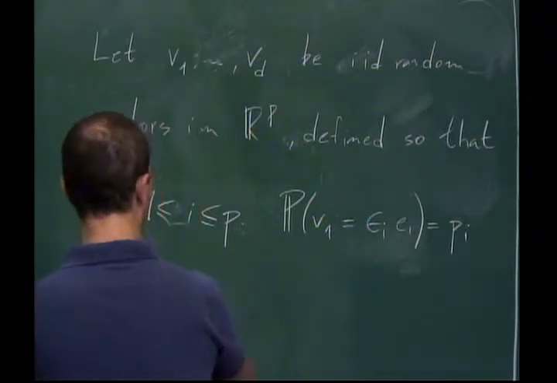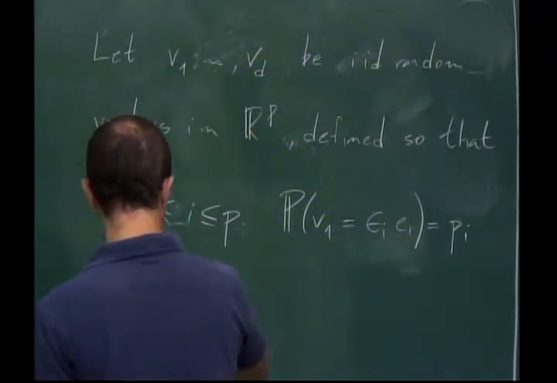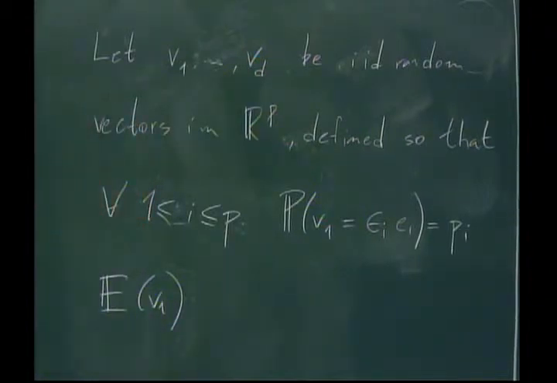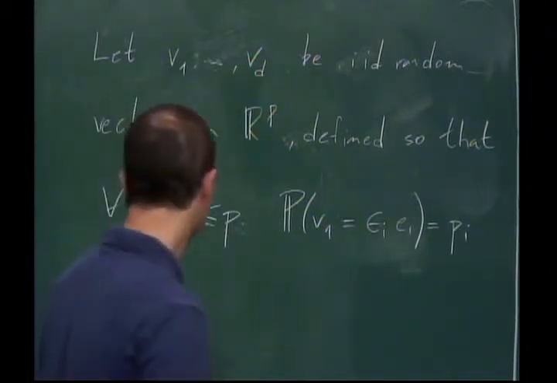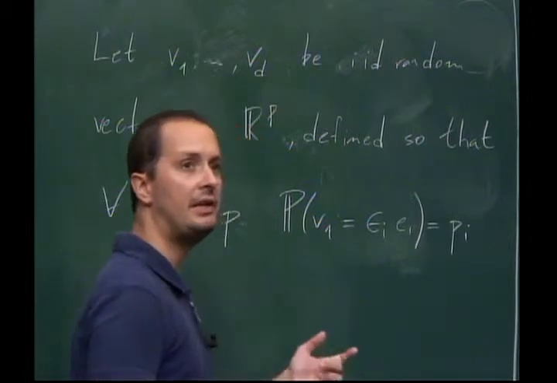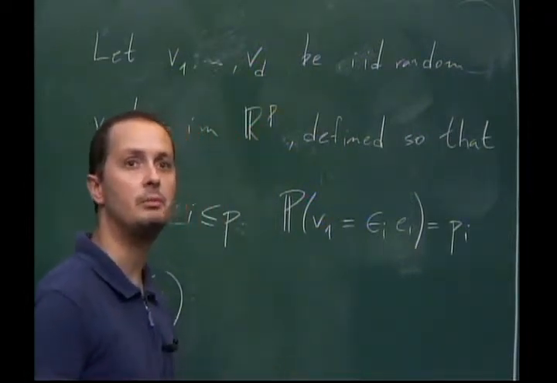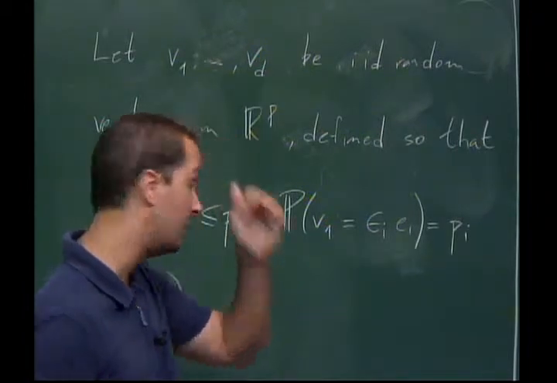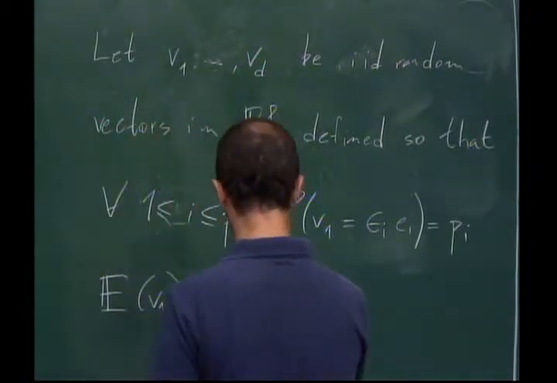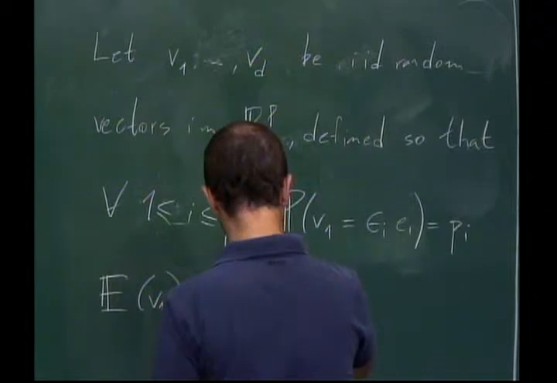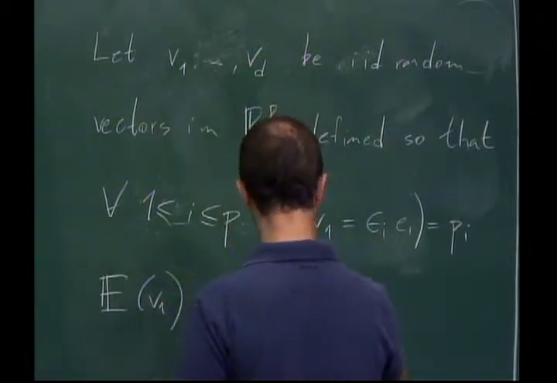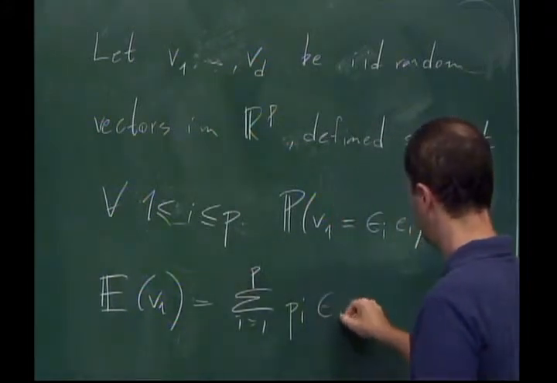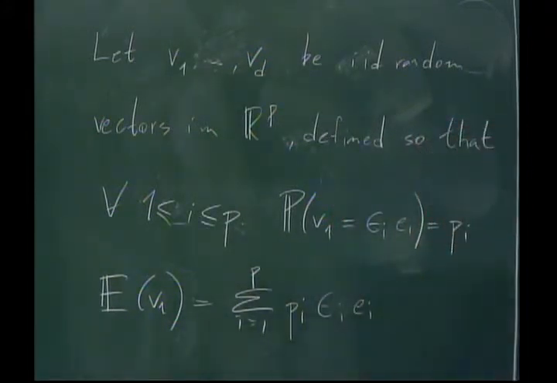Well, let me note what the expectation of, say, V1 is. How do you compute the expectation of a vector? If it only takes finitely many values, it's very simple. It's the same as when you compute the expectation of a random variable that only takes finitely many values. You take a sum over all possibilities of the probability of the ith possibility times the value you get.